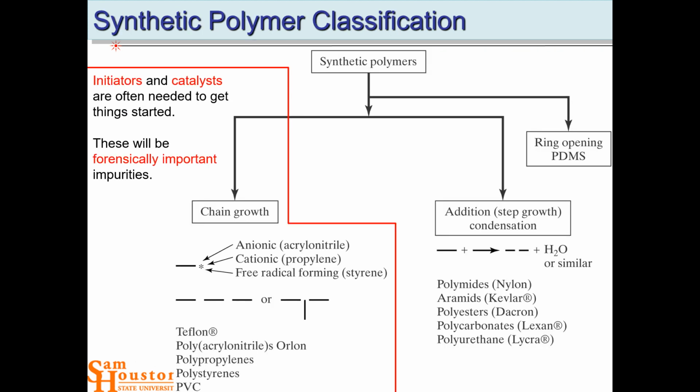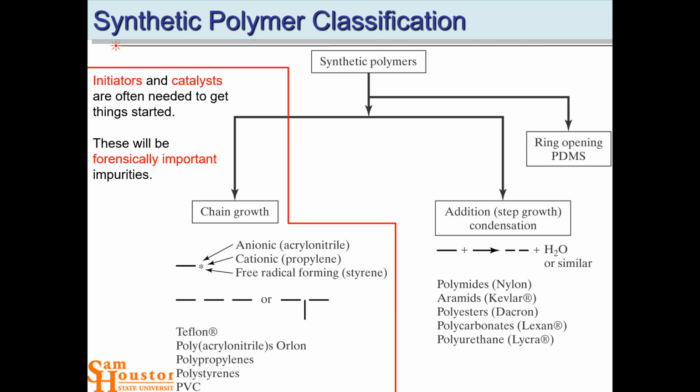But today we're going to talk about the synthetic fibers. So under the synthetic polymers we have different ways of making them. On the left-hand side we have chain growth polymerization. And on the right we have addition, step growth, and ring opening, which deals mostly with epoxide functional groups.